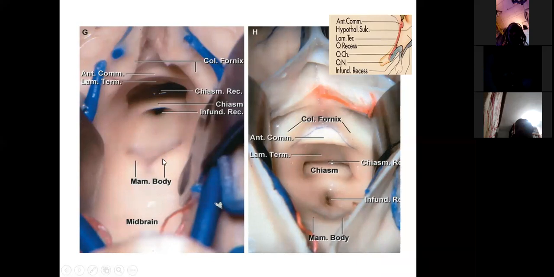Here we have the mammillary bodies, which are part of the floor of the third ventricle. Here again we see the anterior commissure and the lamina terminalis, better still, the chiasma, the chiasmatic recess just ahead, and then the infundibular recess.